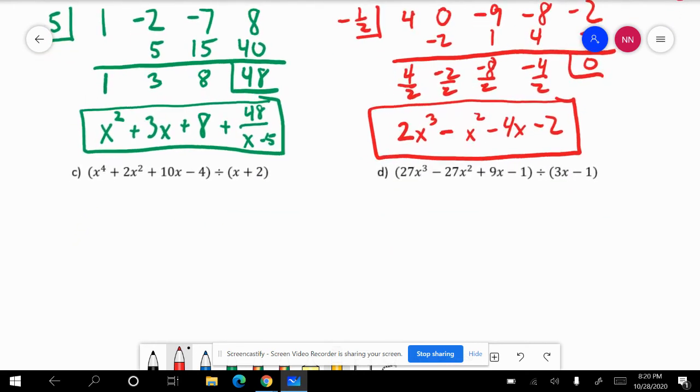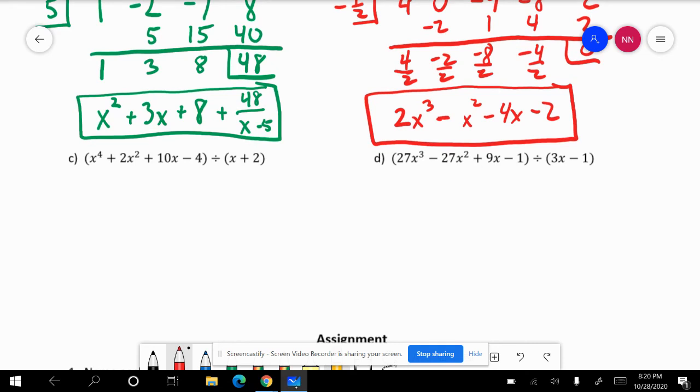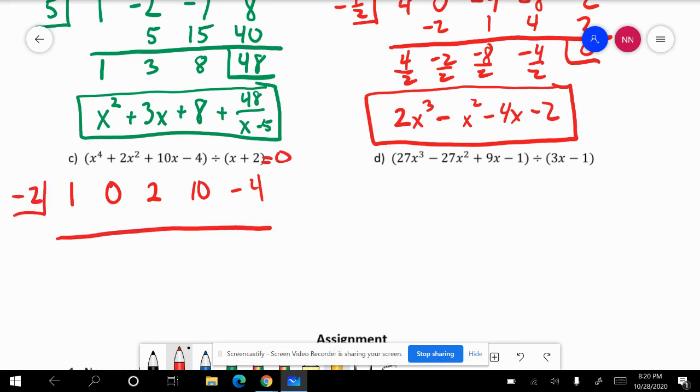So if we're looking at the next one, notice that we have degree 4. We don't have a degree 3. 2, 10, negative 4. We're trying to see what gives us a 0, and that would be negative 2. So we're going to divide it by negative 2.